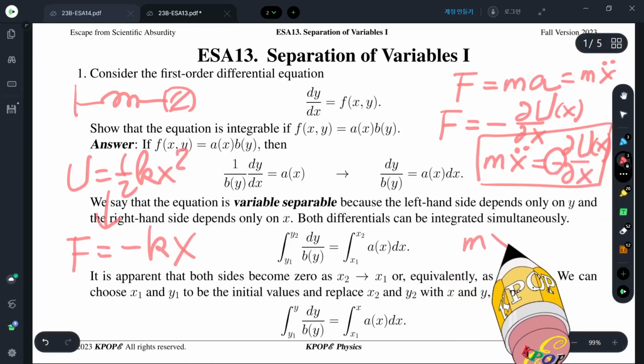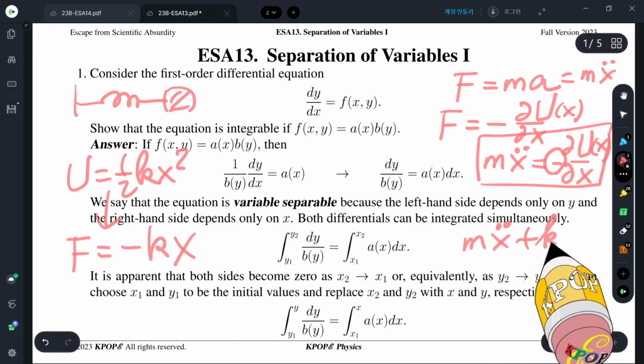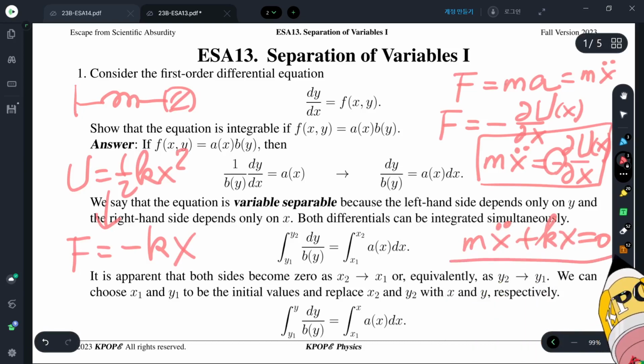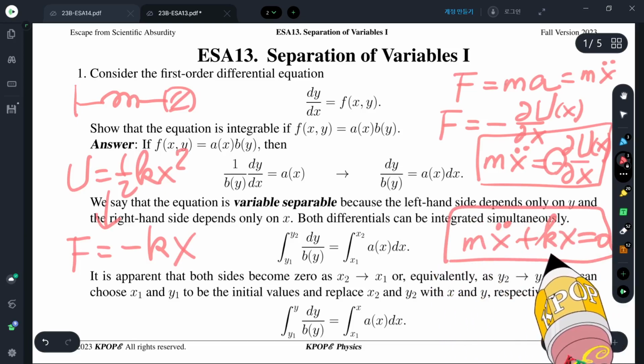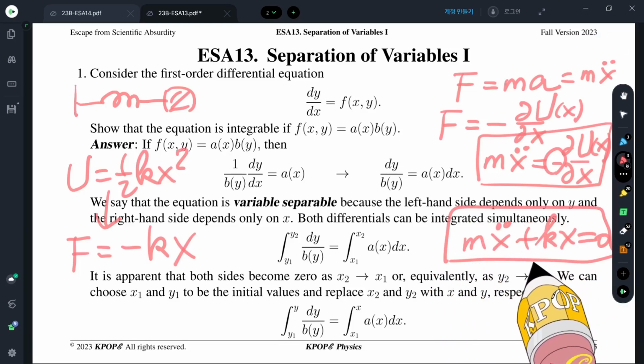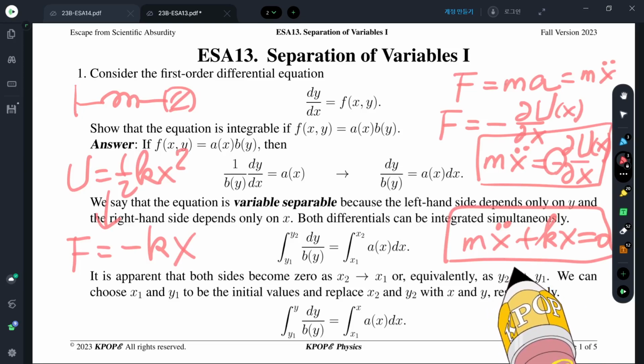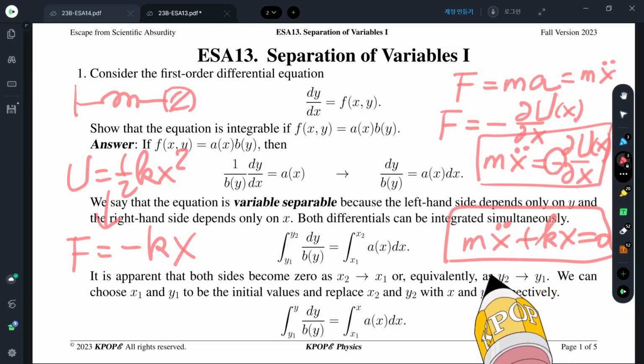In that case, m x double dot plus kx equals 0. This kind of equation is called a differential equation in mathematics. And the origin of the differential equations you mostly learn in mathematics class is the equation of motion.